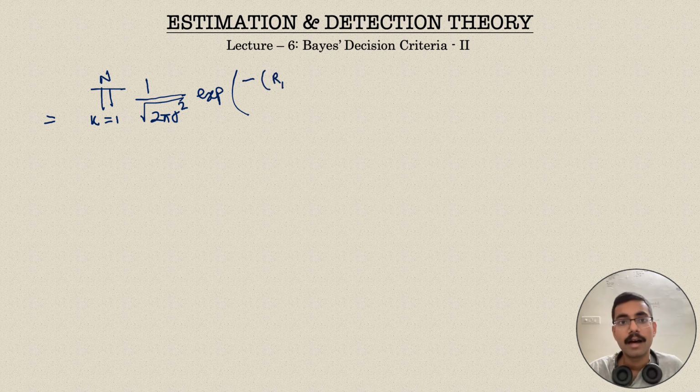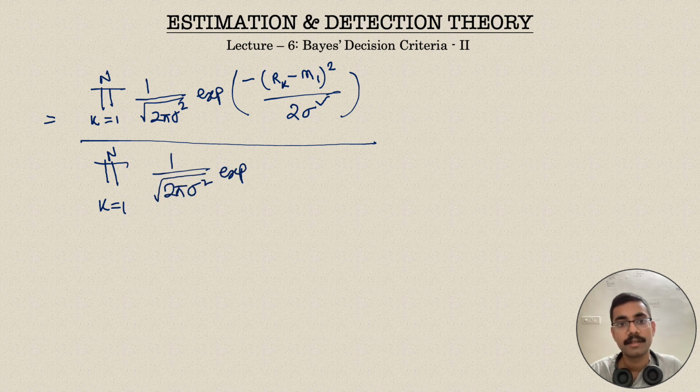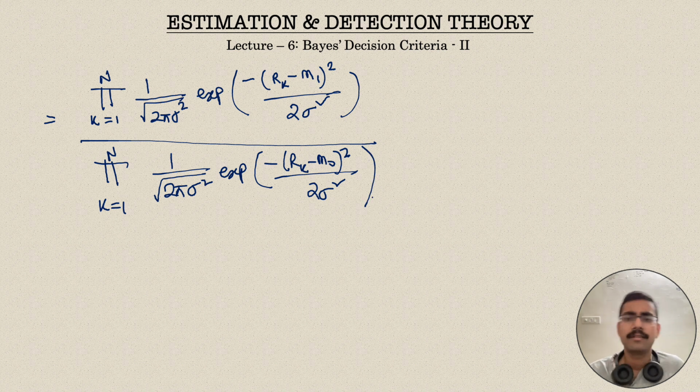So we'll have RK minus M1 whole square divided by 2 sigma square, and all the signals under H0 are being shifted by M0. So this is what we shall have in the denominator. As I said, the standard deviation remains the same. These are independent, identically distributed. RK minus M0 whole square by 2 sigma square. Now this is greater than or less than, let's keep the threshold for later.